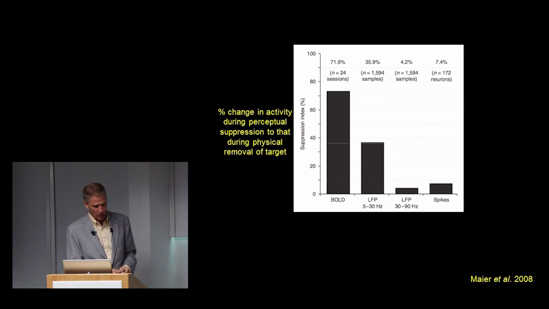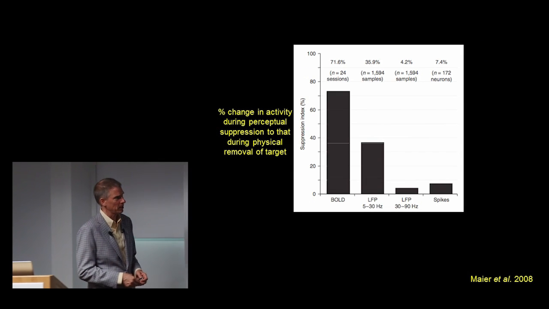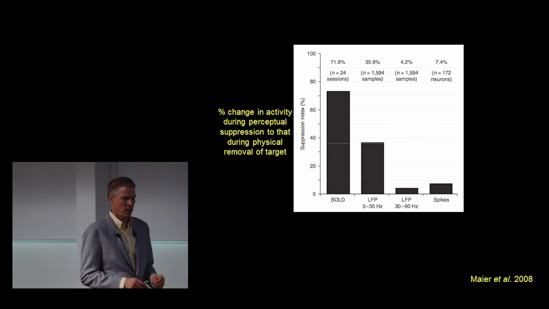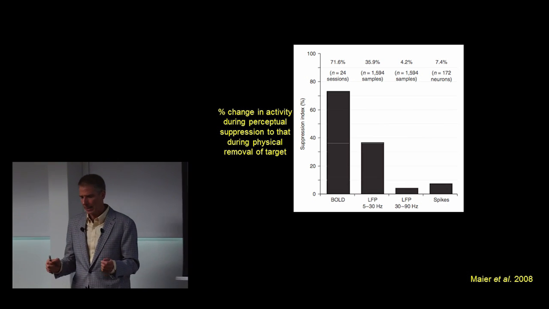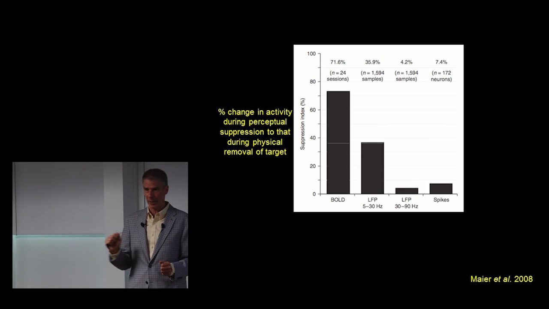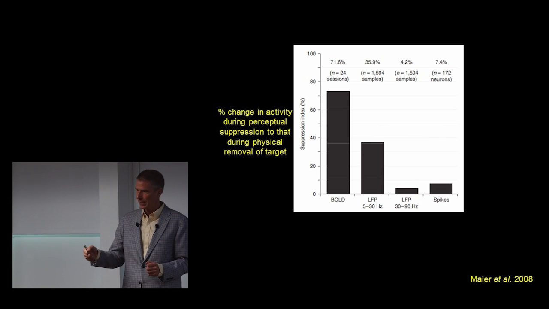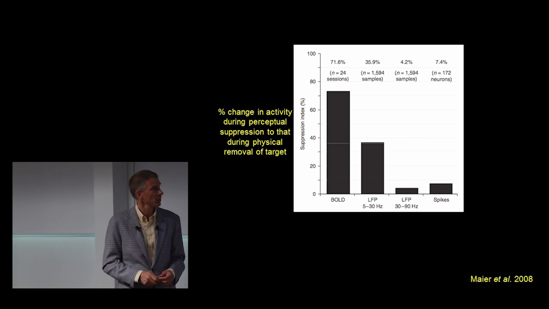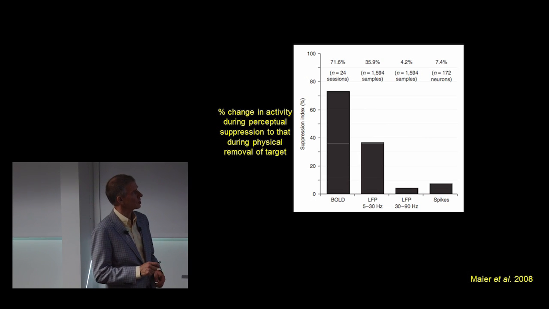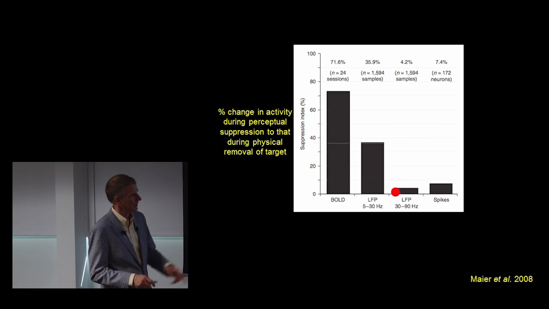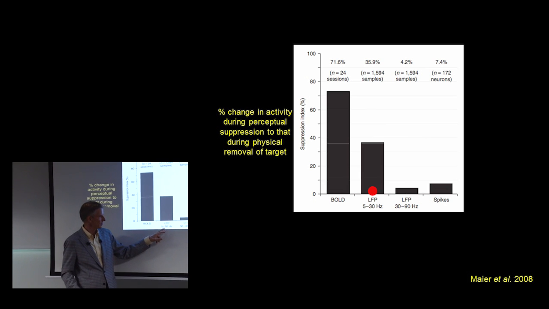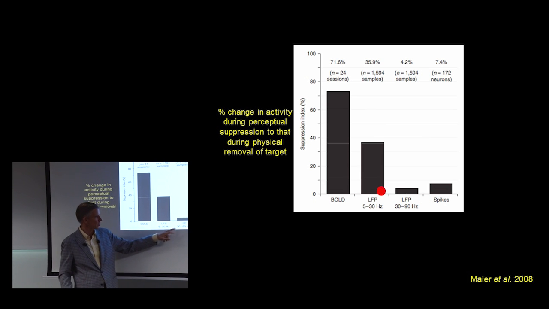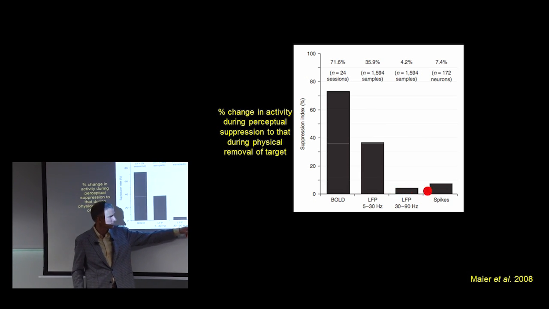And David Leopold did this in this Nature Neuroscience paper, or Nature paper. He did this for monkeys in primary visual cortex. And he gets a monkey to tell him what the monkey is seeing. It's really beautiful, whether he's seeing the stimulus or not seeing the stimulus. So here he plots different signals. This is the BOLD fMRI signal. This is the local field signal in this 5 to 30 frequency range, or high gamma frequency range, and these are spikes.